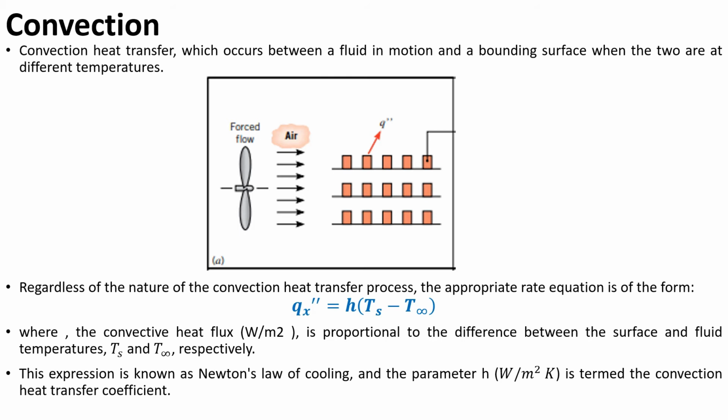Those particles will gain energy, their temperature will increase, due to which their density will decrease. So there will be a setup of convection current, as we have seen in the video. When the air particles come in contact with these blocks, they will gain energy, due to which their temperature increases.